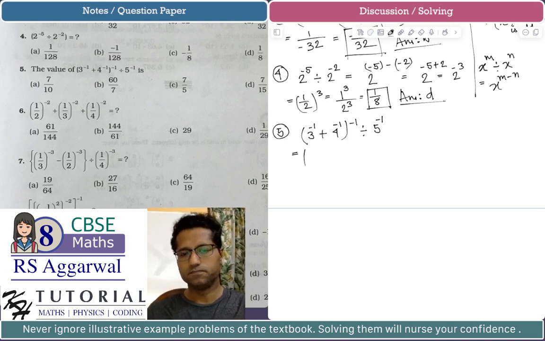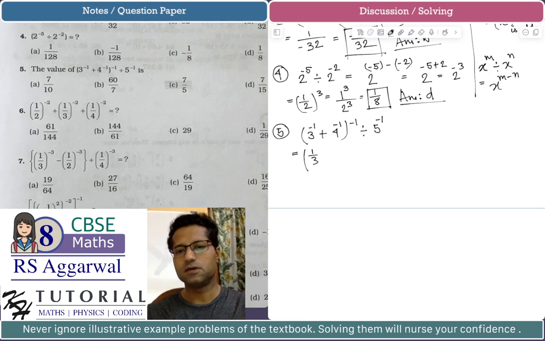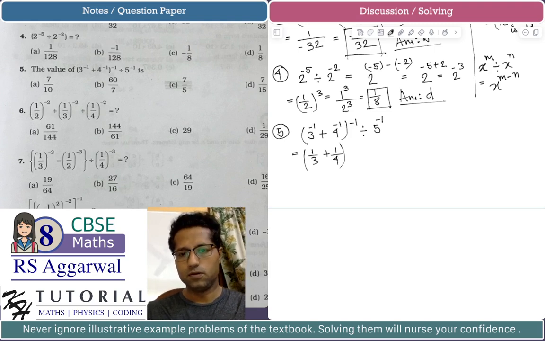So 3 raised to the power minus 1 means the reciprocal of 3, that is 1 by 3. 4 raised to the power minus 1 means the reciprocal of 4, that is 1 by 4. And we have the whole thing raised to the power minus 1 divided by 5 raised to the power minus 1, which means the reciprocal of 5, that is 1 by 5.